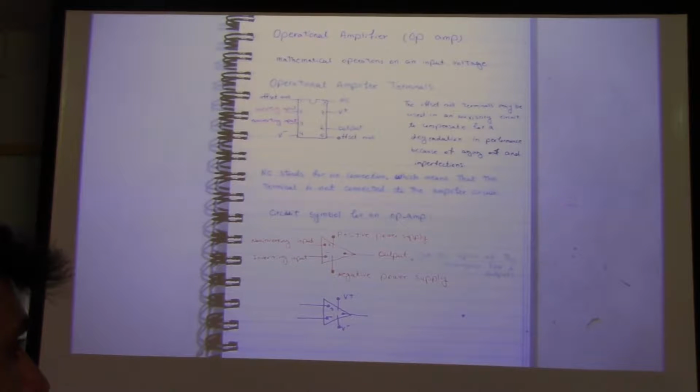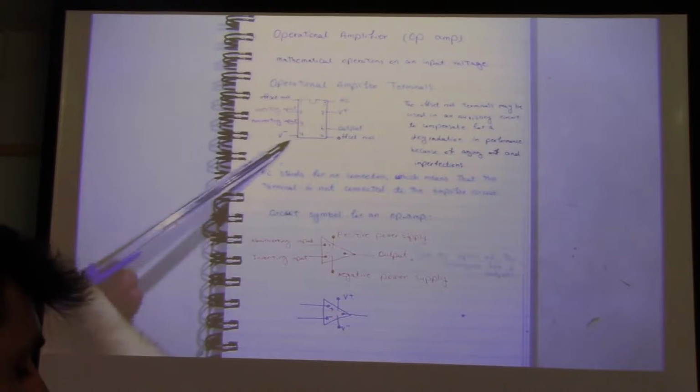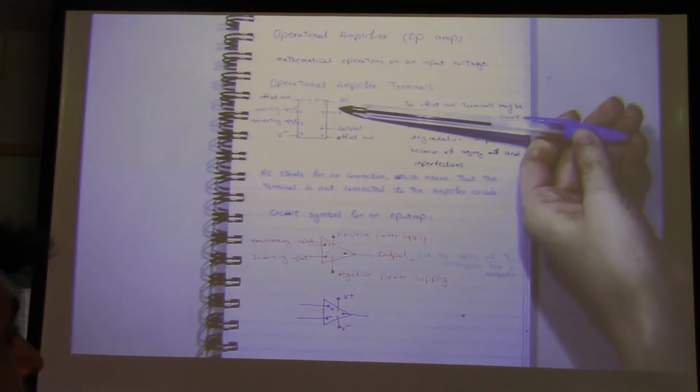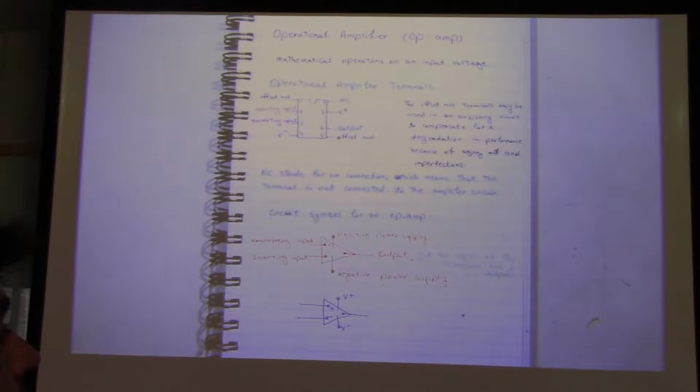The negative power supply will be connected to this terminal. And what is V plus? Positive power supply. Whenever you have positive power supply, you have to connect it to which terminal? 7. Negative, 4.